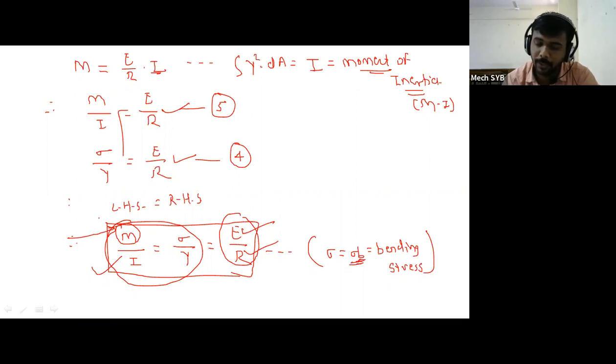Then cantilever beam with point load at the free end and cantilever beam with UDL on entire span. हे तुमचे 4 स्टँडर्ड केस आहेत आणि ह्या 4 स्टँडर्ड केसेस साठी M formula will be given to you.